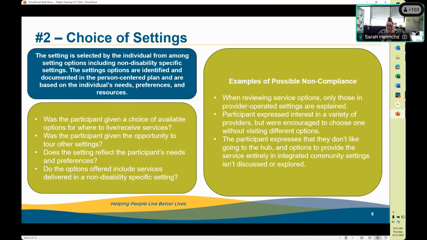So in our state, this really falls more on us, because we're the ones talking with participants about choice of services and service settings. And so we should always be talking with them about all of their different options, including non-disability specific settings, like services such as community integration or supportive family living that can happen in their homes or out in the broader community.